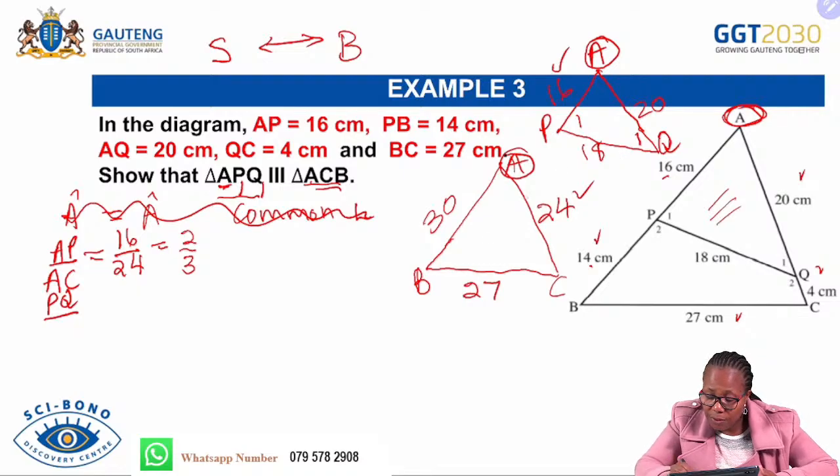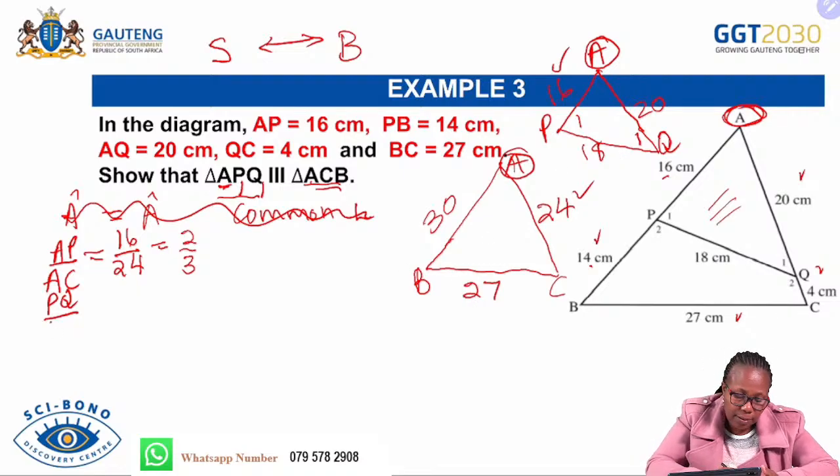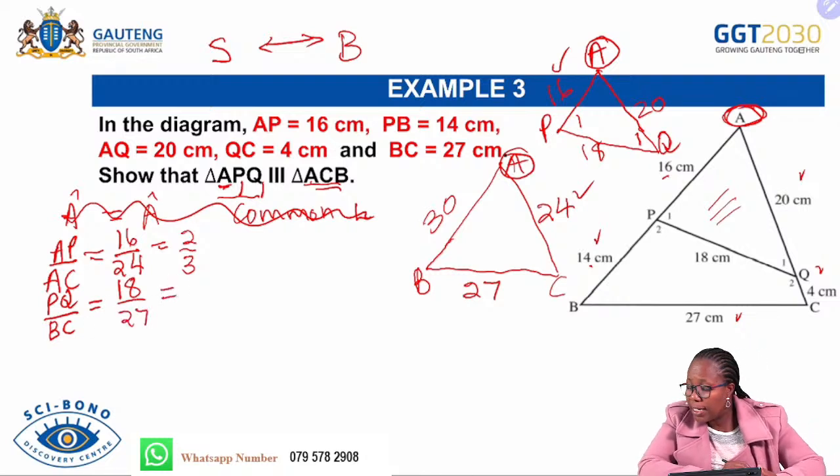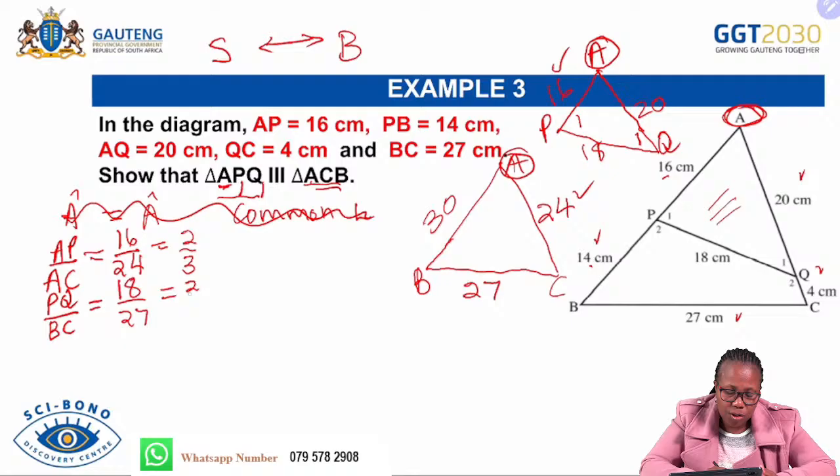PQ will be over which side here? BC, because it's the one with the middle value. PQ is 18, over BC, which is 27. So 18 over 27, grade 12, how much is the simplified ratio? It is also giving us 2 over 3.